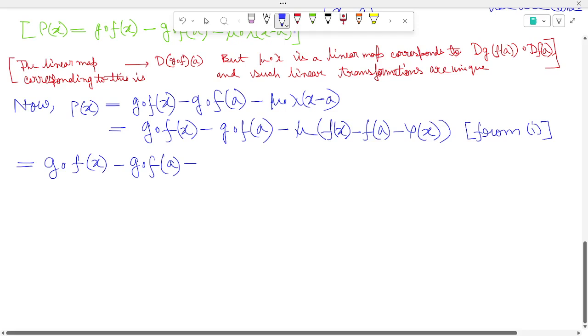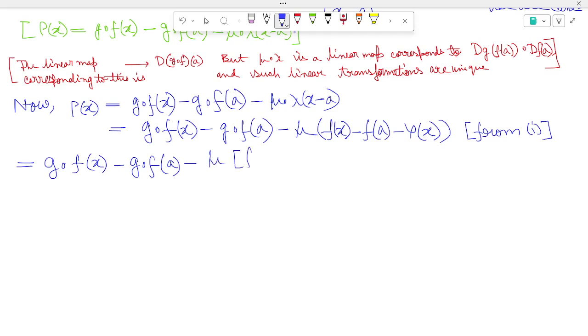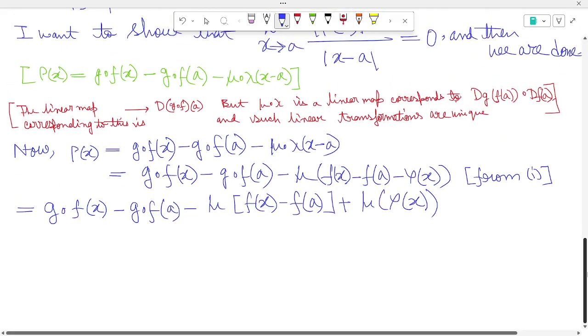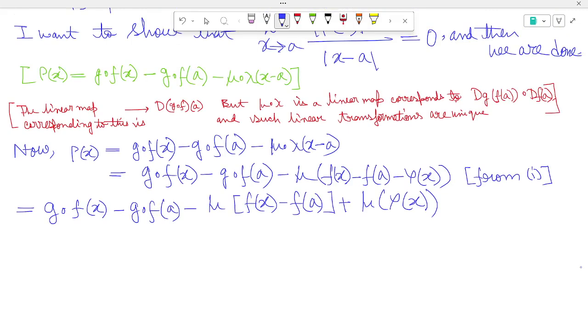So that means let me keep the two things equal at one place, and this other one at another place. Okay. Reason: mu is linear transformation.